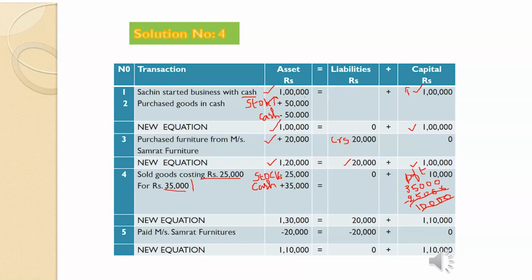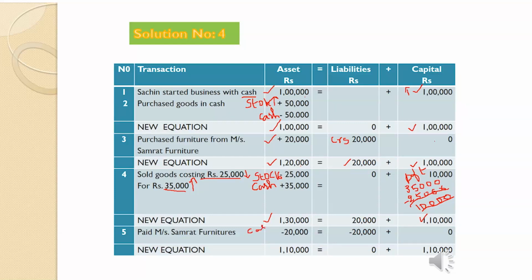Stock value decreases because the goods are sold out of the business. The difference between these two is profit, added with the amount of capital. So 1,20,000 minus 25,000 plus 35,000 is equal to 1,30,000. Here 20,000 is the liability value, and 1 lakh plus 10,000 is 1,10,000.